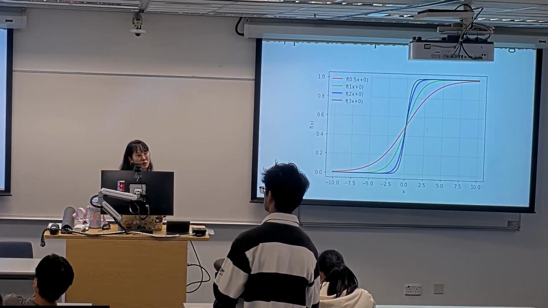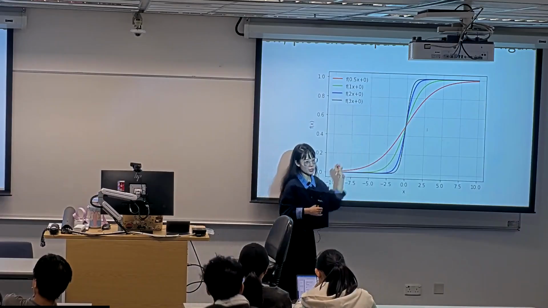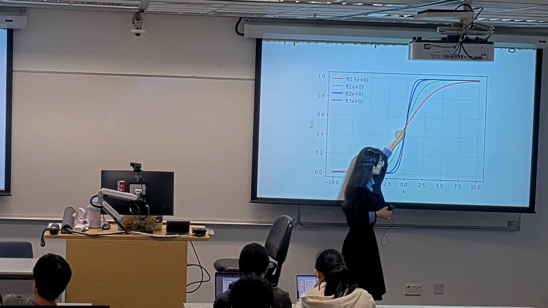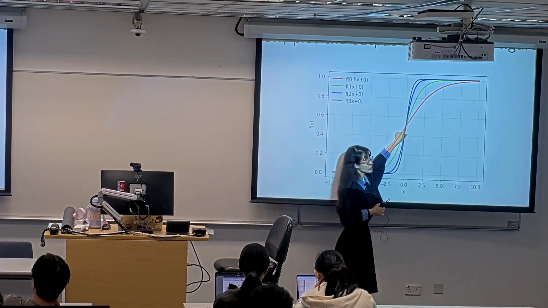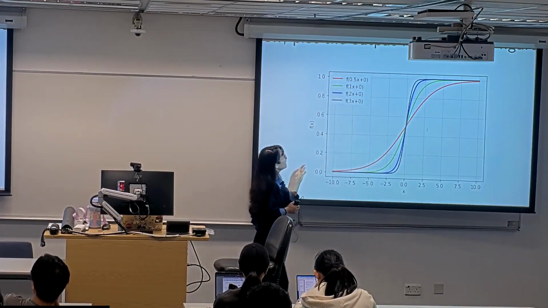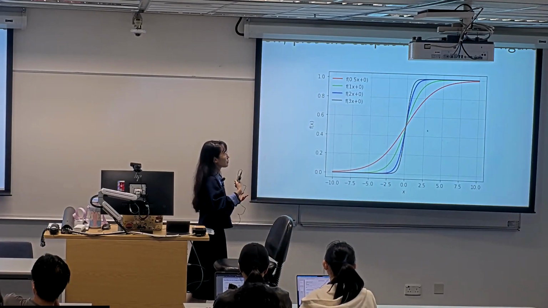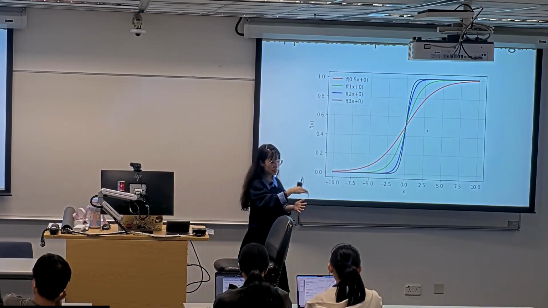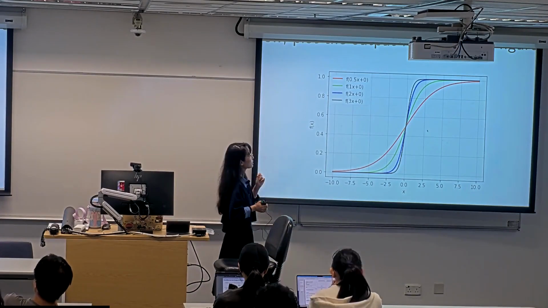Since all of them use the sigmoid activation function, of course all of them have this S shape, and they all intersect at this point. So when x is 0, sigmoid of x is always 0.5. This doesn't change, but we do notice some differences if W takes different values. We find that the steepness of the sigmoid changed if we set W to different values, right?